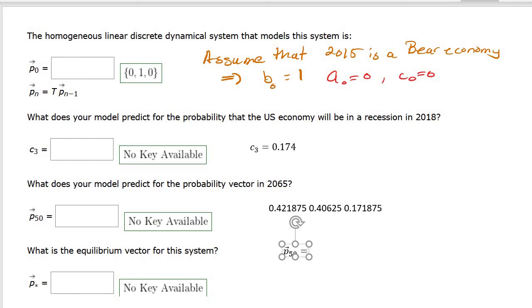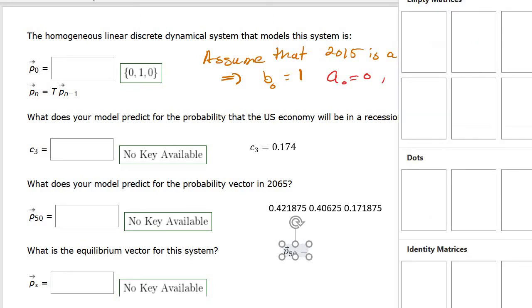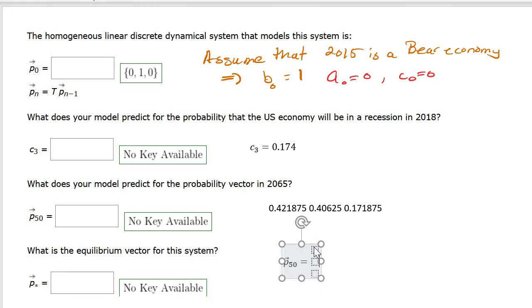Let's see. It'd be 0.42, 0.41, and then 0.17. Depending on where they want you to round it. And then, of course, I don't want to leave this naked.